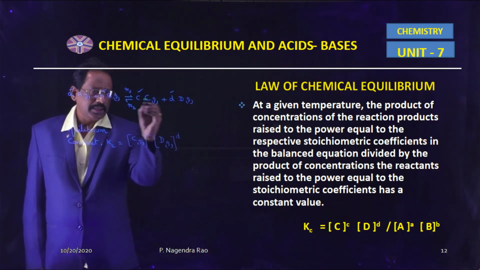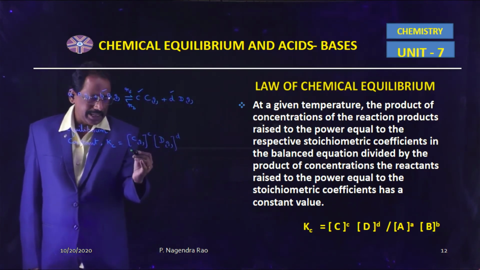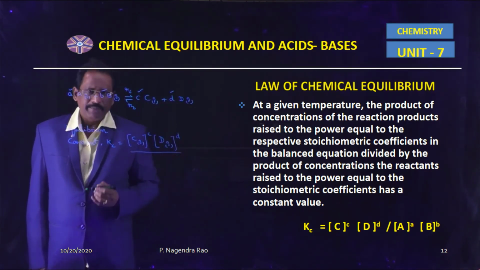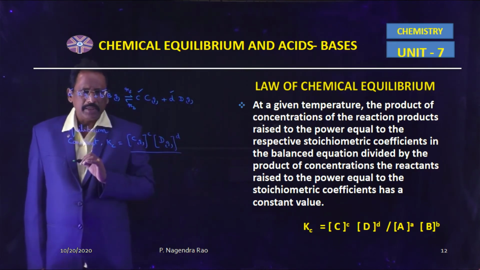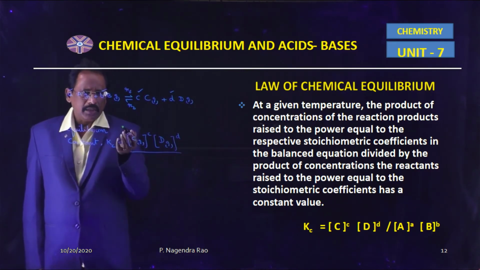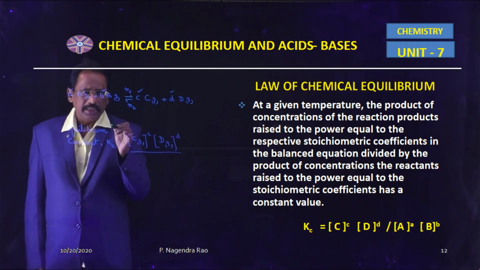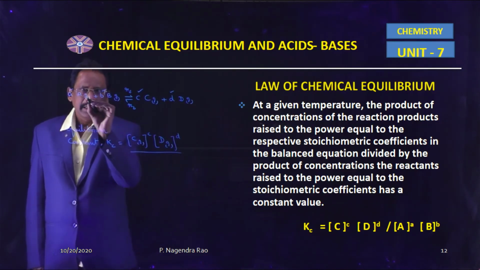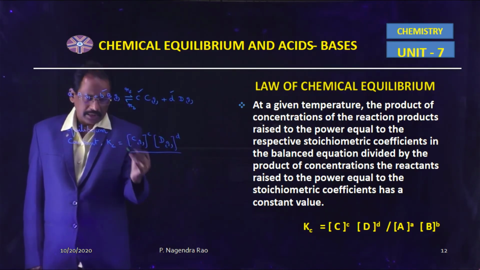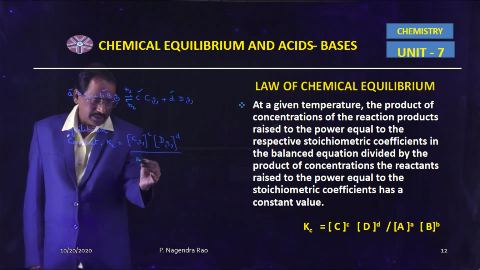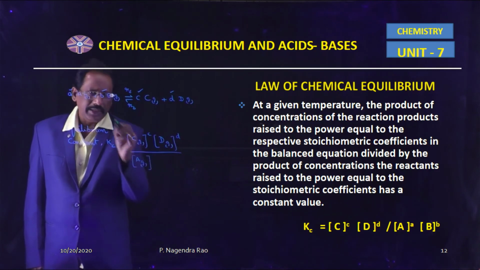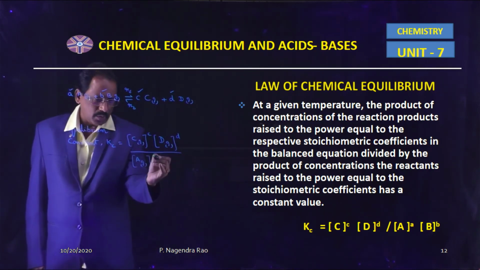These two are the stoichiometric coefficients for this C gas and D gas, divided by the product of the active masses of the reactants. These two are the reactants. So the active mass of A gas raised to the power equal to its stoichiometric coefficient.